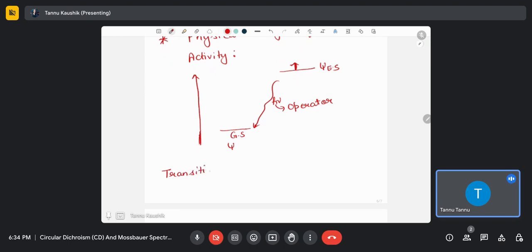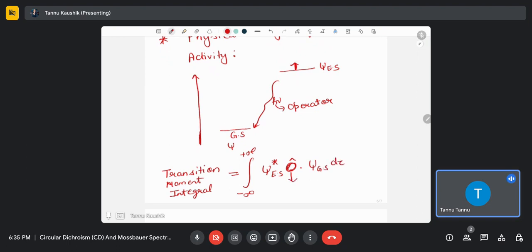So whether a particular transition is allowed or not, that is defined by transition moment integral, which is psi star excited state, operator O, psi ground state d tau.